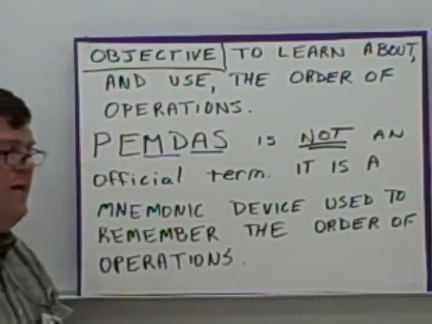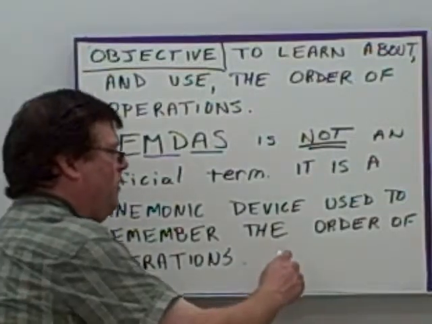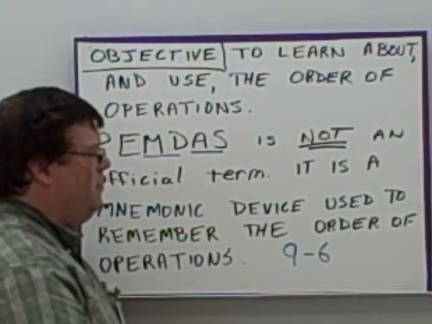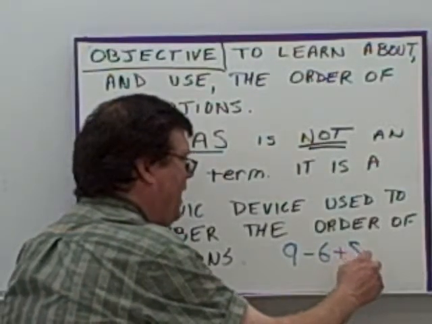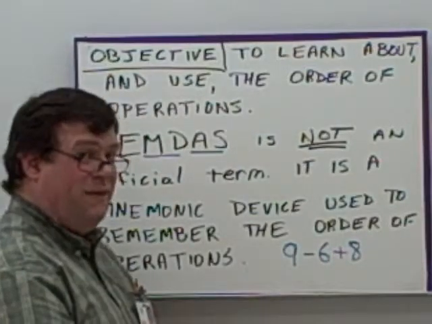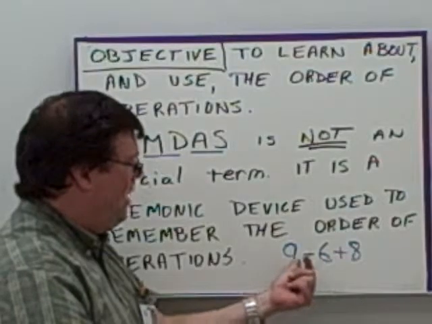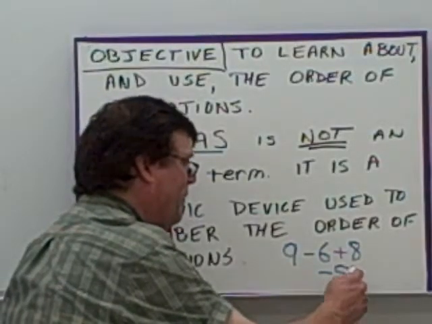All right. Why do they have the order of operations? Well, if they didn't have the order of operations, when you have something as simple as 9 minus 6 plus 8, you can get different answers here. 6 plus 8 is 14. 9 minus 14 is going to give you a negative 5.